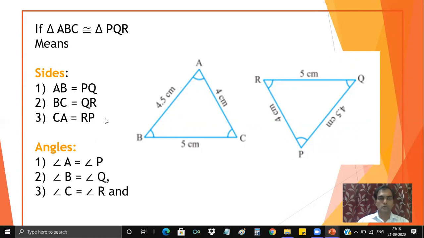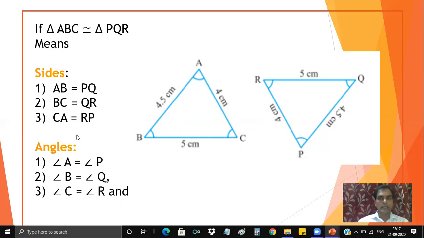So we can say corresponding sides are congruent or equal. Here AB corresponds to PQ. Therefore, AB is equal to PQ, BC equal to QR, and AC equal to PR. These are all the corresponding or matching sides, and they are equal, meaning their lengths are always equal.